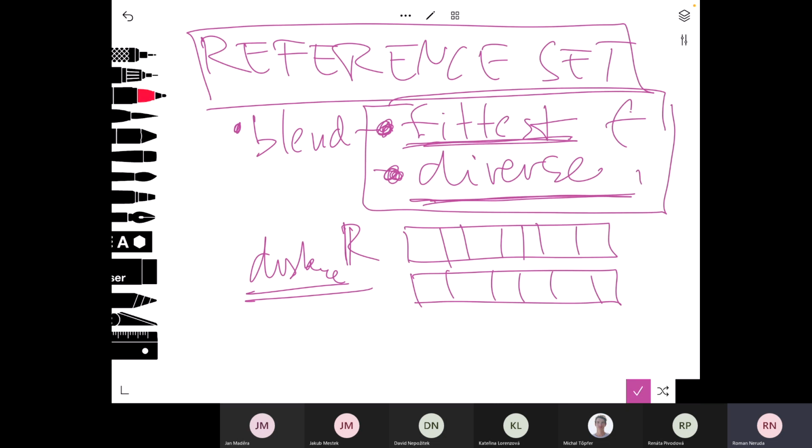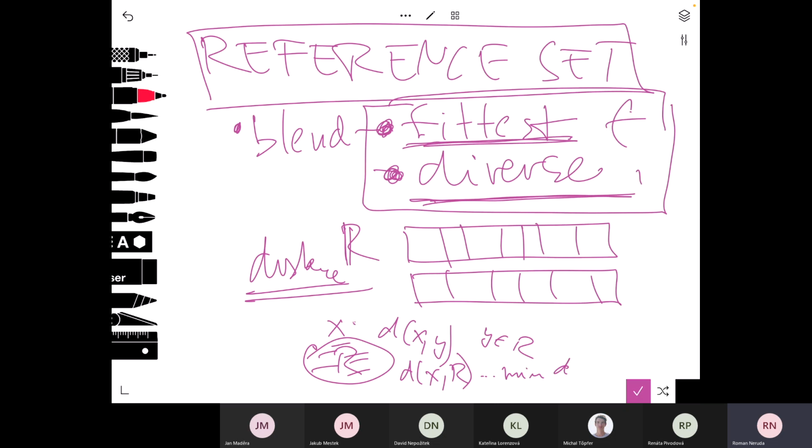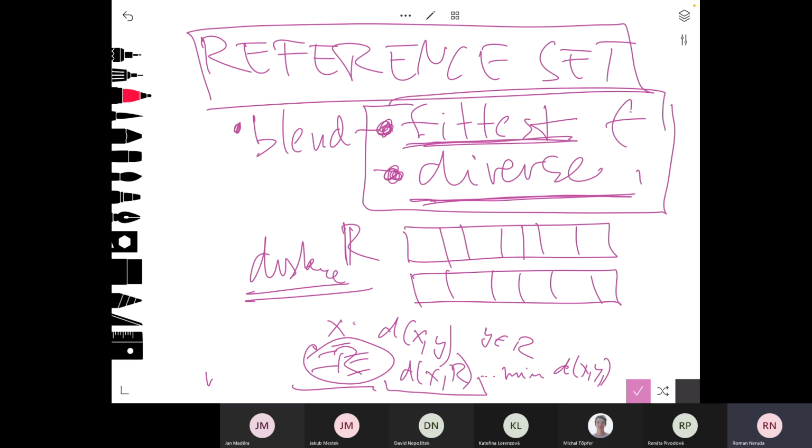So basically, what you're trying to do is, when you're adding some guy to the reference set, you're computing the distances from the guys in the reference set, and the distance of the x from all the reference set is usually considered to be the minimum of the distances of x and y, and this you are trying to maximize.